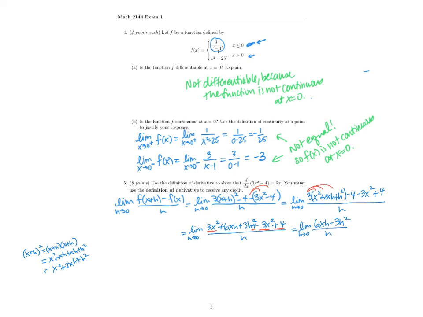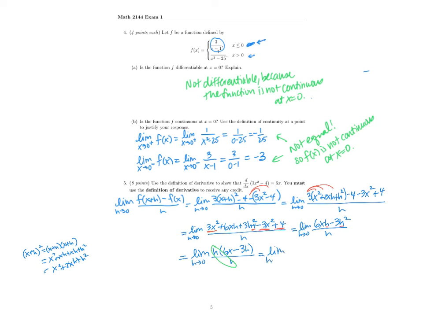And I'm feeling happy right now because I can see that in each of those factors on top I have an h. So what I'm going to do is pull that h out. And when I do that, what's left over in this term? Just a 6x. And in this term, what's left is a minus 3h over h. And then I can notice that h over h divides to make 1. And so I don't have to write that term anymore.